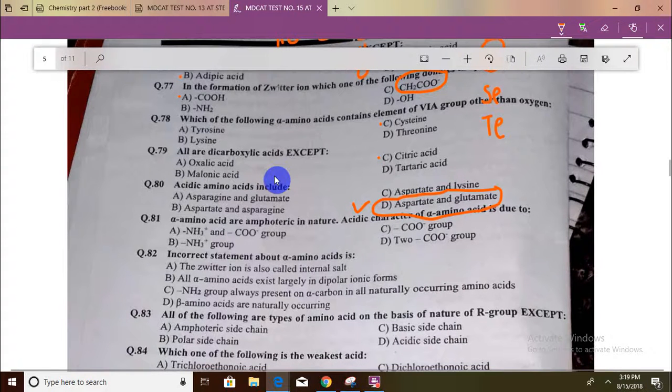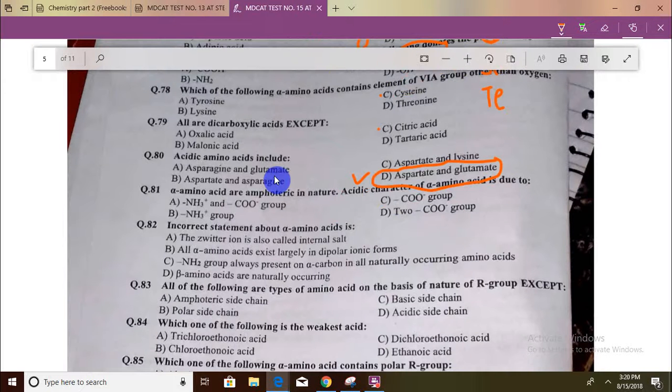So alpha amino acids are said to be amphoteric in nature, and the acidic character is due to NH3 plus and COO minus. No. NH3 plus, sort of. Yes. Or this one. Is it necessarily because of these?